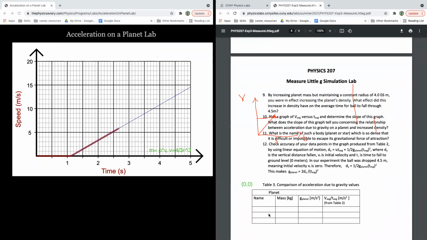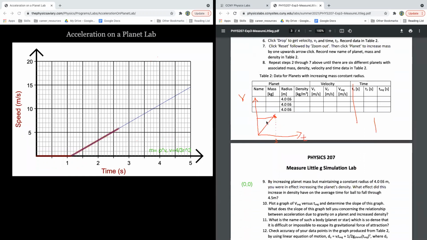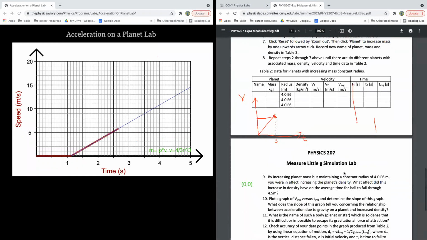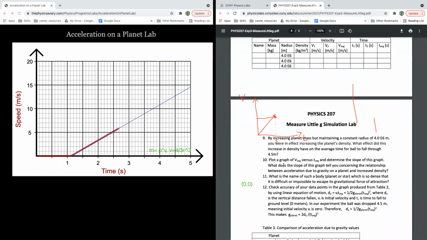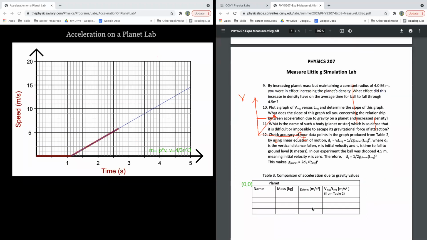It just helps you to verify the slope, because you're going to calculate the slope in this question as well. So you can verify if you get the same slope, the slope the same as the acceleration on the planet. Does it make sense? Makes sense to me. It makes sense. Thanks.